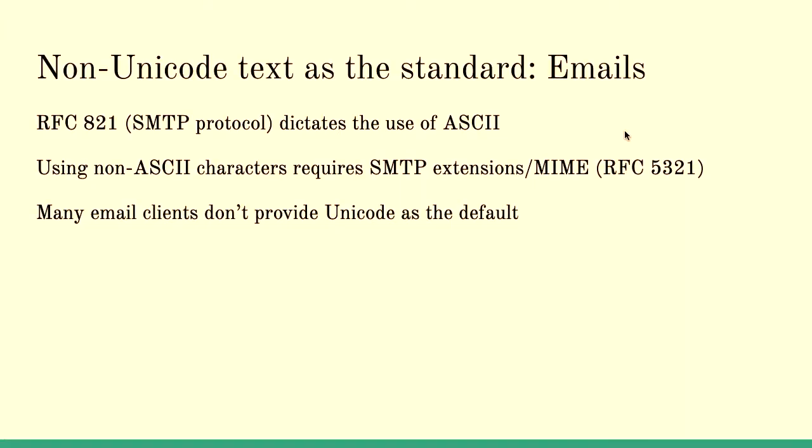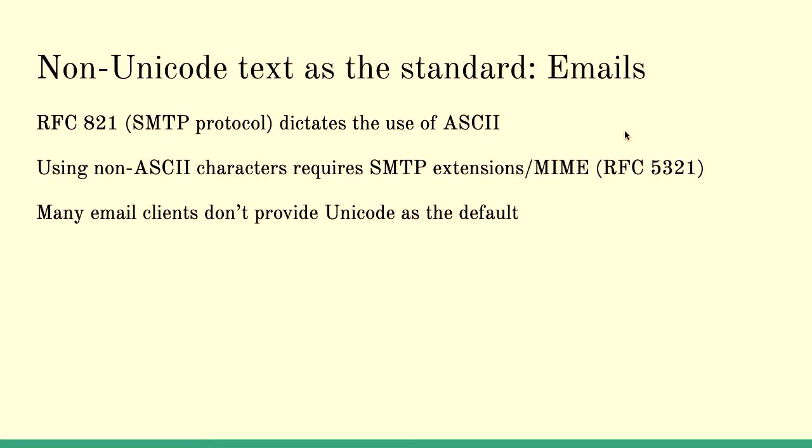It's because RFC 821, the RFC that formalizes the SMTP protocol, dictates the use of ASCII as its transfer format. And using non-ASCII characters in an email requires SMTP extensions.